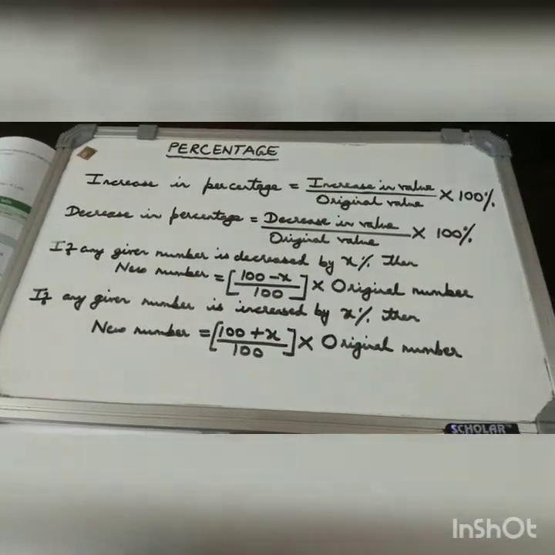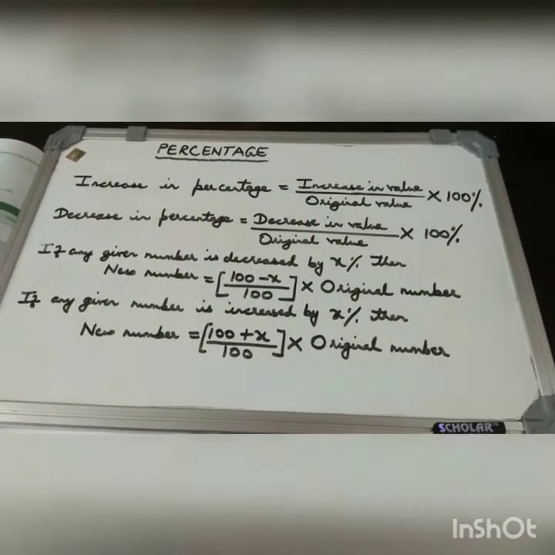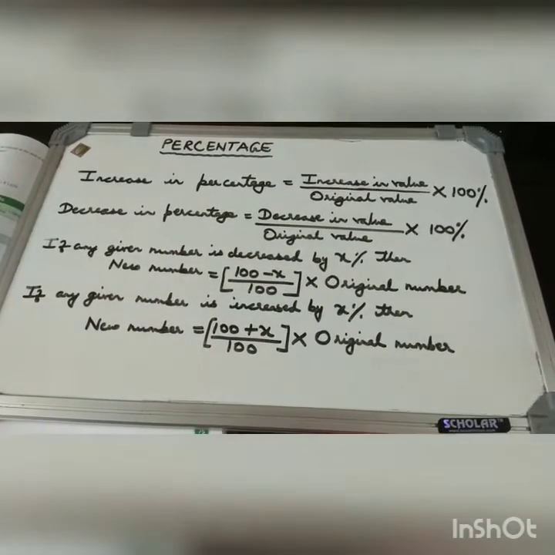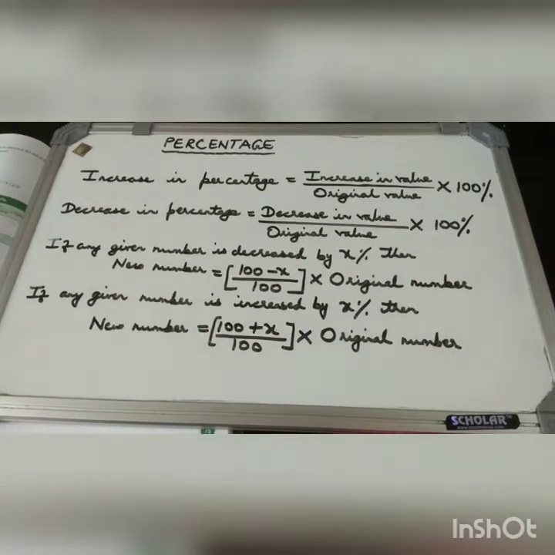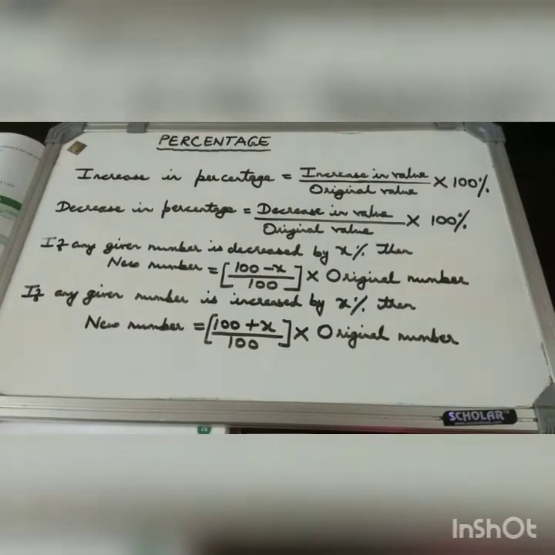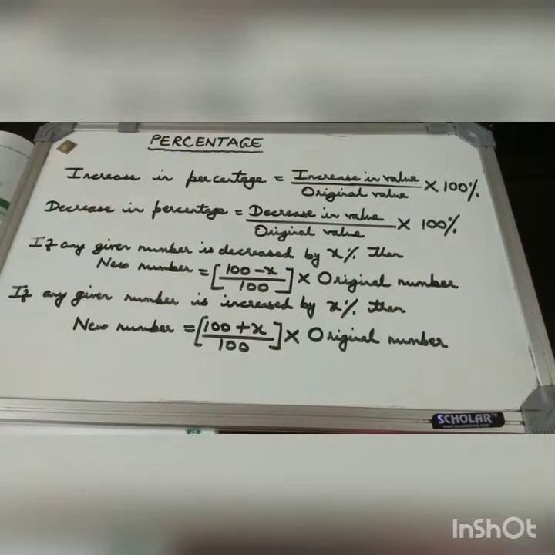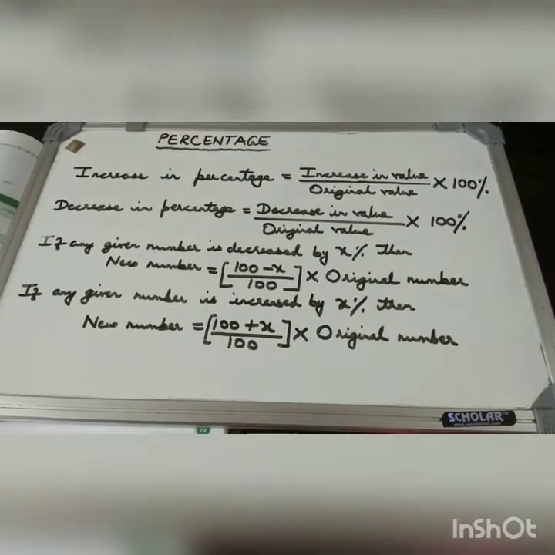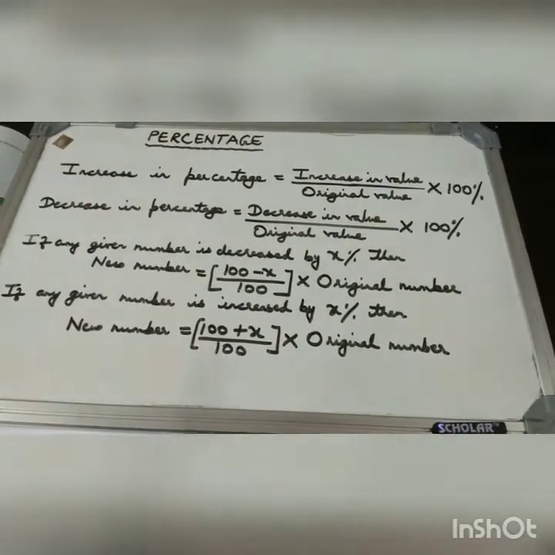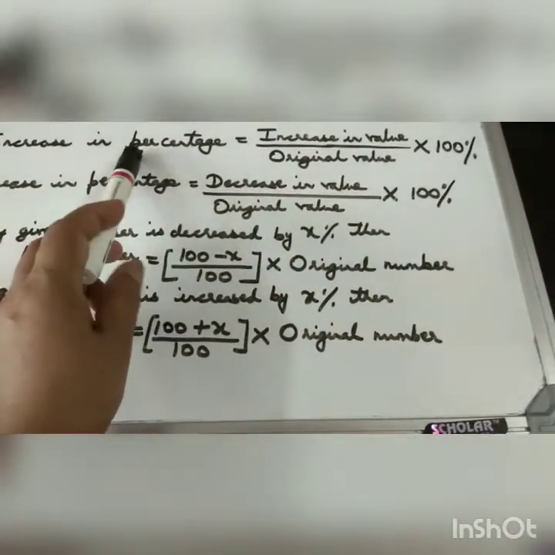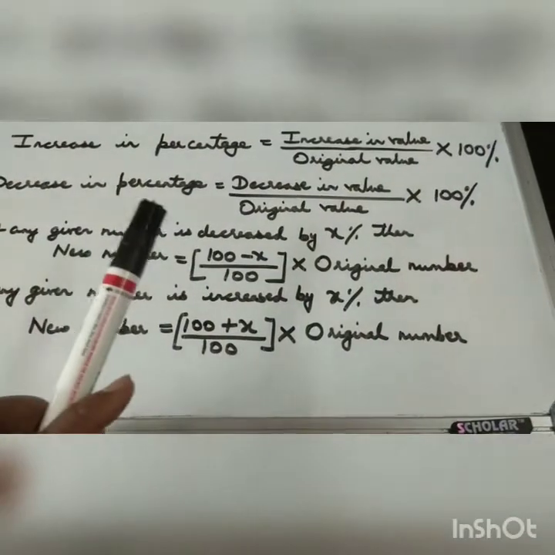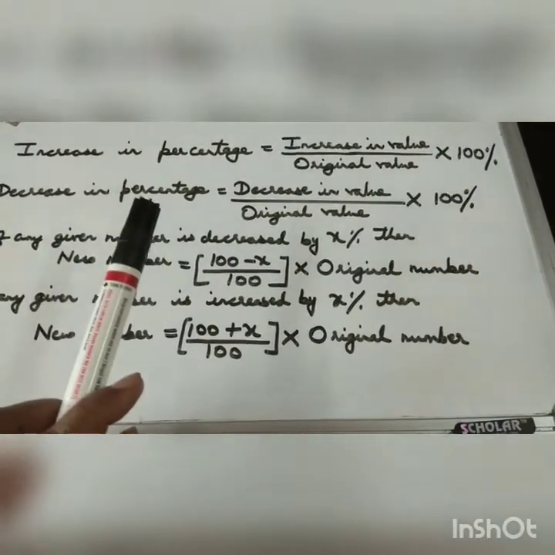Now we will be doing a few more formulae and understand how to apply them in your exercise. That is exercise 7.2. Now, first formula, percentage increase. Although you have used this formula in the previous exercise, it was in a different manner.